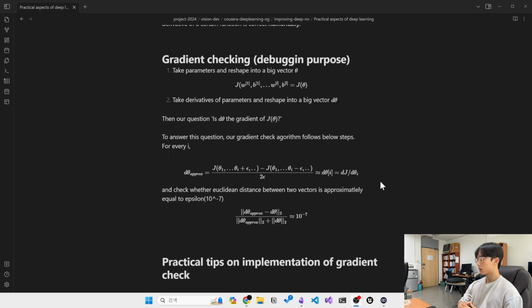Our strategy is using two-sided differences based on epsilon, which is a really small value around our target. Our target is theta, and the epsilon is surrounded by this range around this theta.